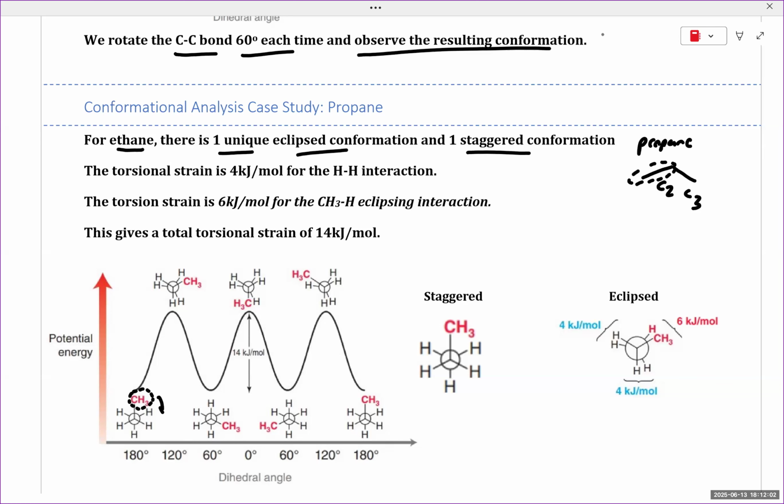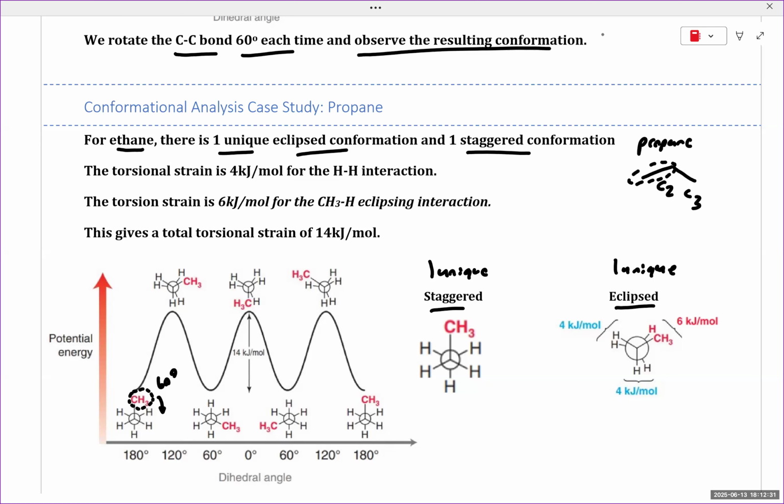Rotating and looking at various conformations by rotating our carbon-carbon bond 60 degrees, we notice that there are two major conformations, the staggered conformation and the eclipsed conformation. And there is really only one unique staggered conformation and one unique eclipsed conformation in propane, just like we saw for ethane.